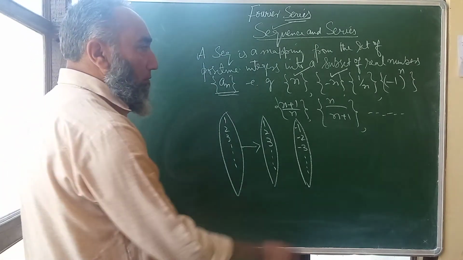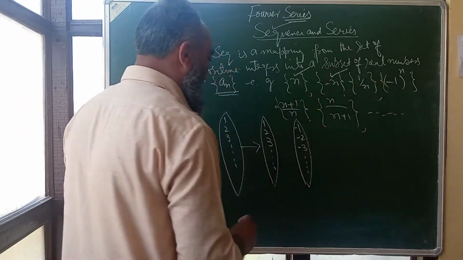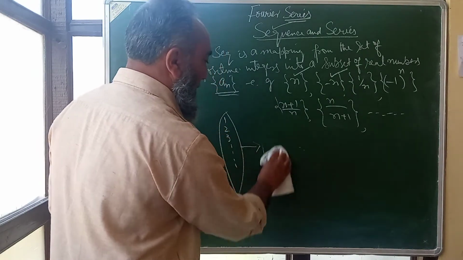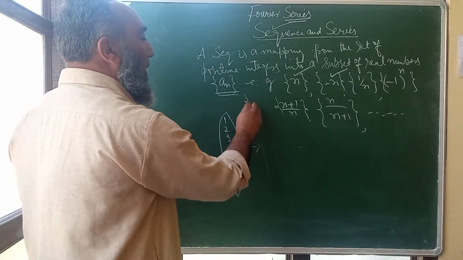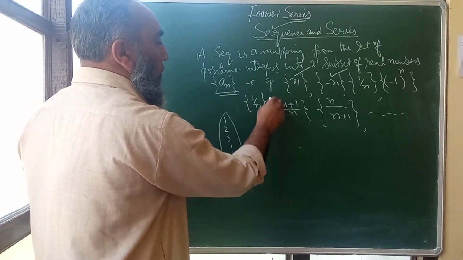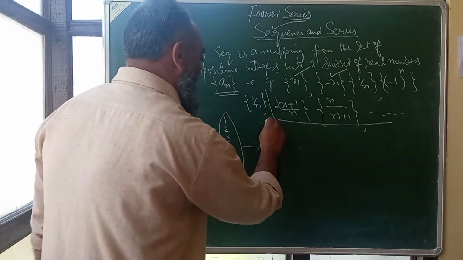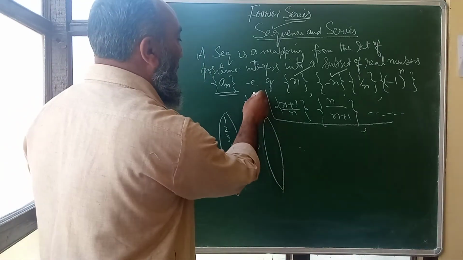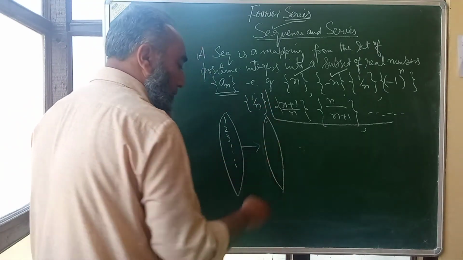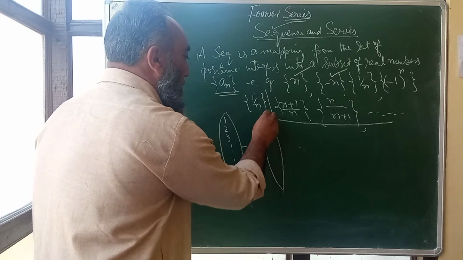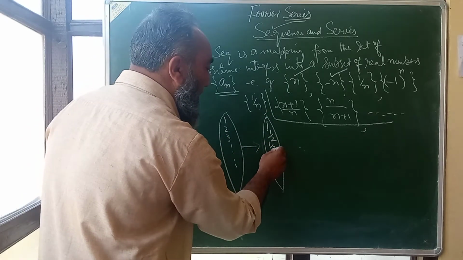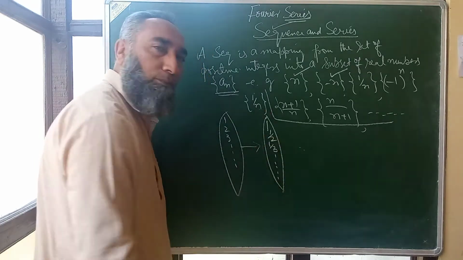Similarly, for the sequence 1 by n, what is the range? When n is 1, 1 upon 1 is 1. When n is 2, this is 1 by 2. When n is 3, this is 1 by 3. n is 4, 1 by 4, and so on.